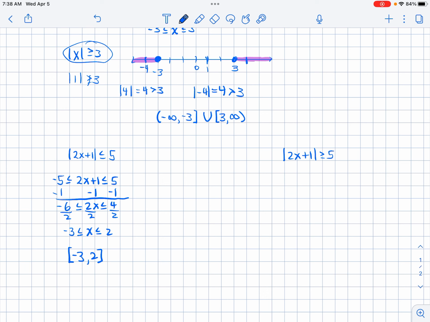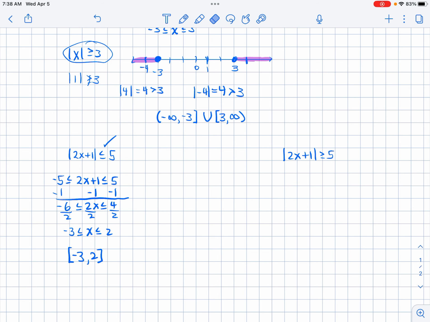So every time you have an absolute value inequality where the inequality is pointing at the absolute value, you put it in the middle like this. Now let's look at the other one. Let's suppose that we've got this one, the absolute value of 2x plus 1 greater than or equal to 5. Well, we set this one up this way.